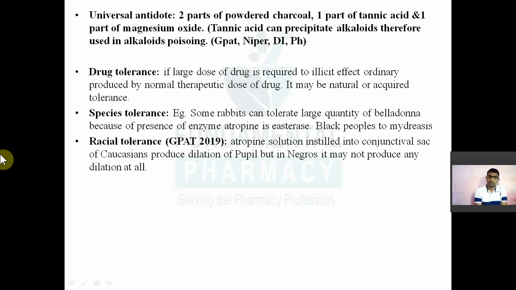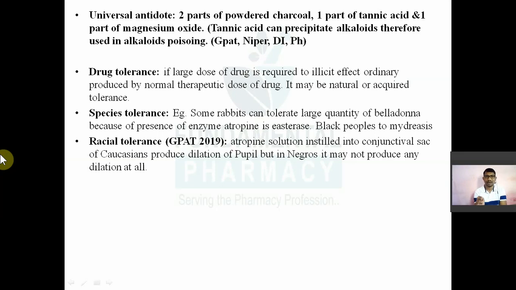Okay, if a particular drug produces a particular action in Chinese, but in Indians a higher dose is required, that is known as racial tolerance. For example, atropine can cause dilation of the pupil in Caucasian people, but not produce dilation in Negroes.